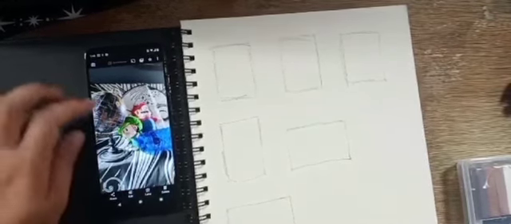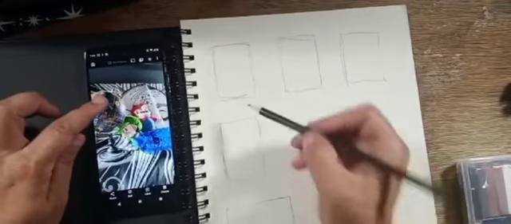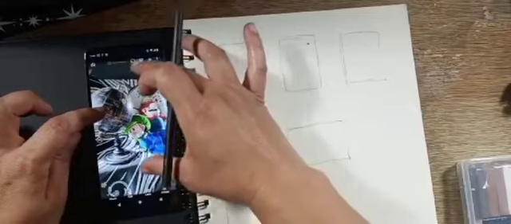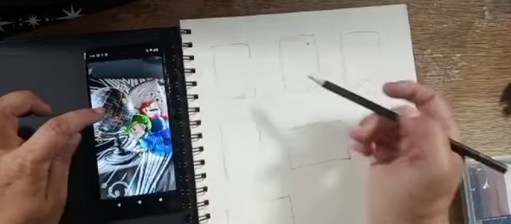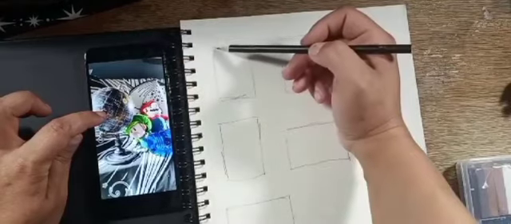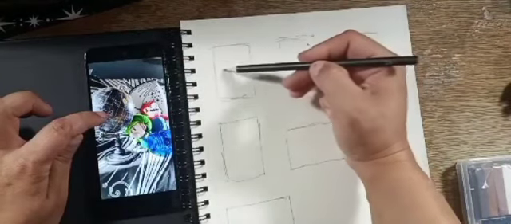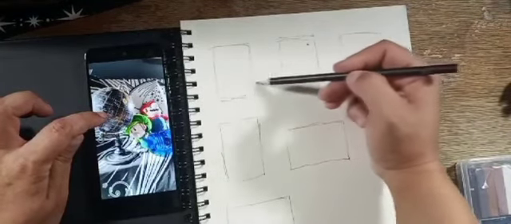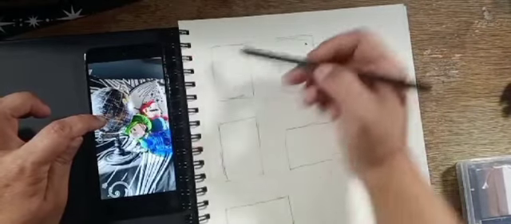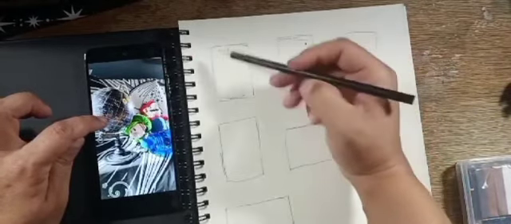Okay. So I am looking at this part right here, and I know that it is probably about 1/4 of the way down. Okay. And probably about 1/2 of the way across the paper.